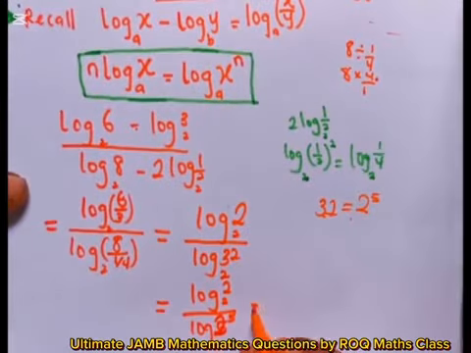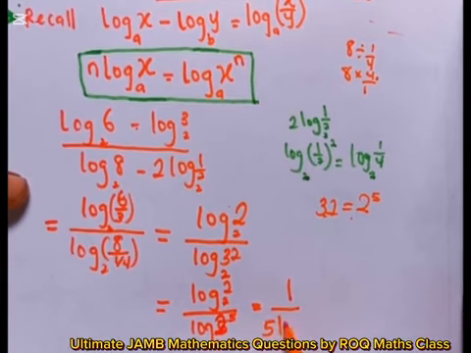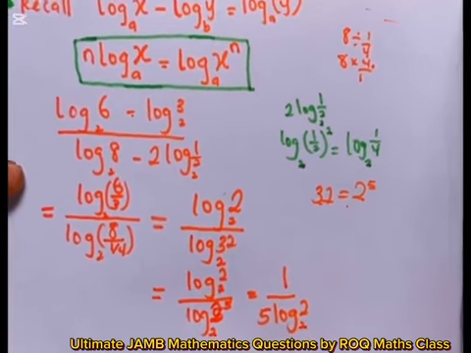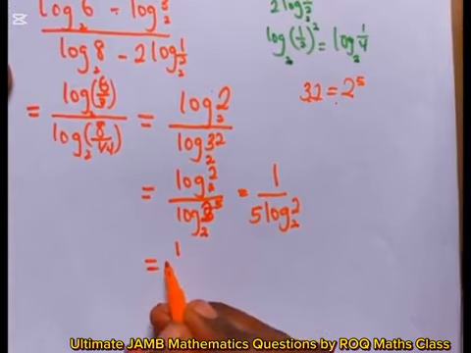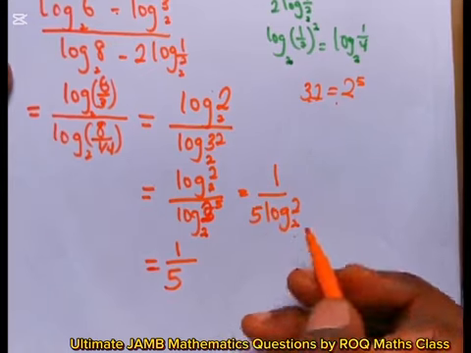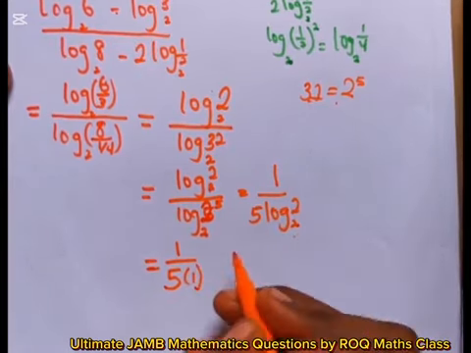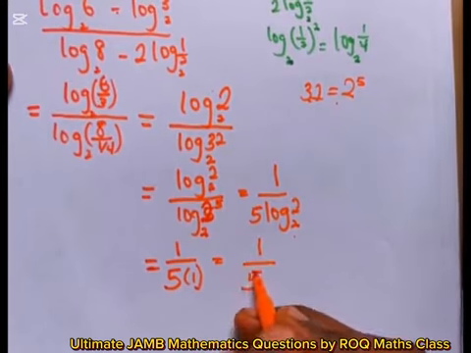So I have 1, because the log of 2 base 2 is 1. Over here I'm going to have 5 log of 2 base 2. And this is going to give my final answer, which is 1 over 5. The log of 2 base 2 is 1, so it is 1 over 5.